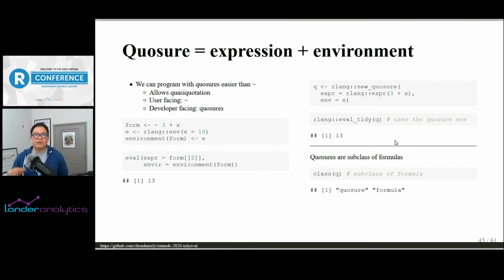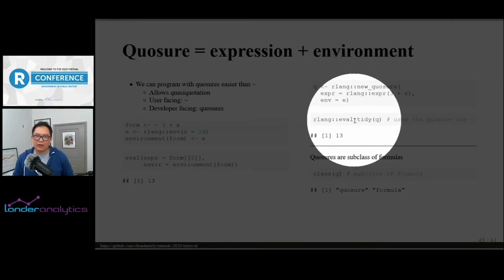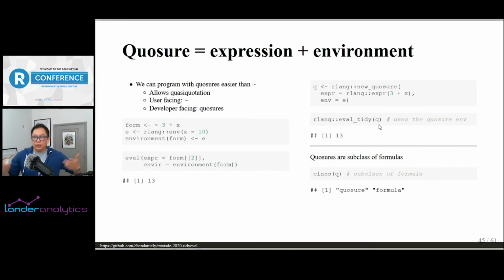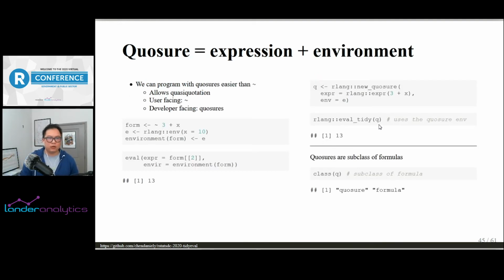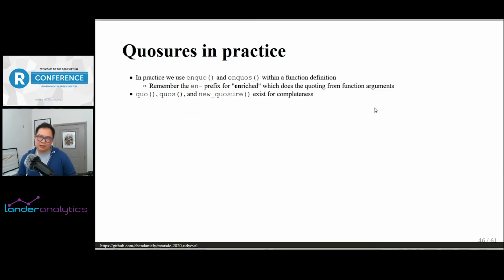And so quosures behave very similar to functions in that there's this part that's the expression, and then there's this other part that is the environment. And then what you can do is run eval_tidy on a quosure object, and then it'll say, okay, I know the expression bit, I know the environment bit, I'll run those two bits together. And so quosures in practice, we actually don't use that new_quosure function, but that exists in the world of rlang for completeness' sake.